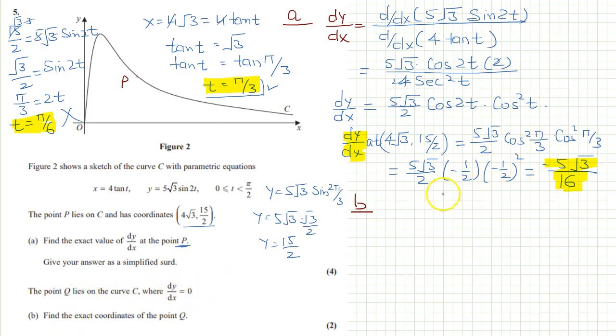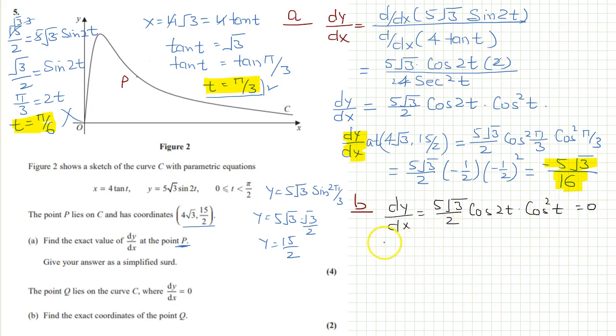Find the exact coordinate of Q. So dy over dx is equal to 5 root 3 over 2 cos 2t cos square t is equal to 0.